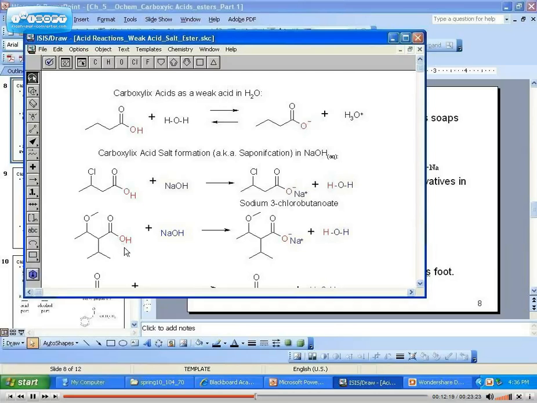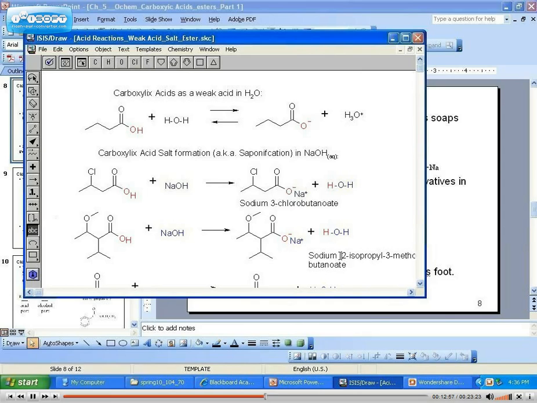The leftover carboxylate ion will combine with sodium, forming, and let me go ahead and write this right here, sodium, space, and then this is going to be 2-isopropyl-3-methoxy-butanoate.